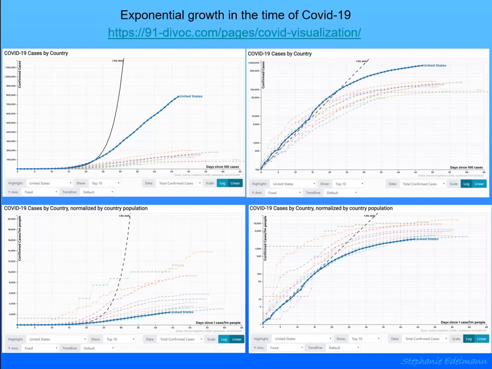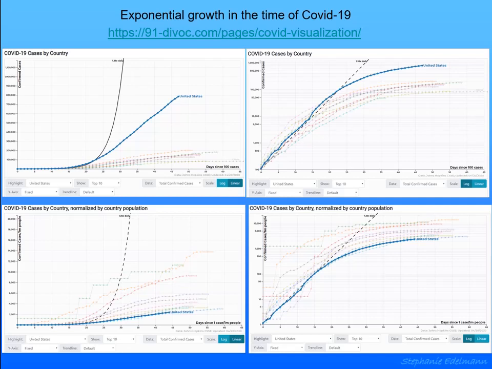And in both cases, we're tracking right along with Italy, which we know had a disaster on their hands. But yes, I just wanted you to look at these numbers, and if you so desire, you can go to the website and play with numbers and graphs and see what these different things look like based on how you decide to represent them.